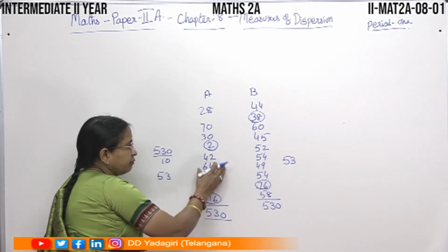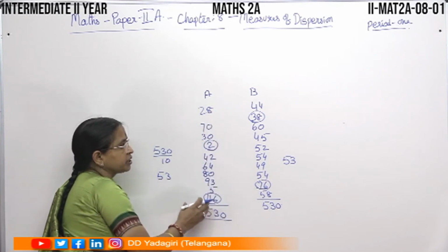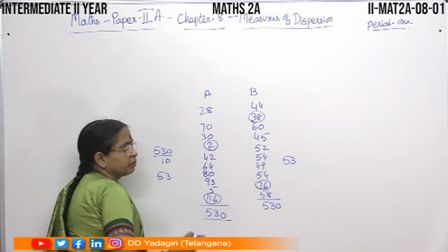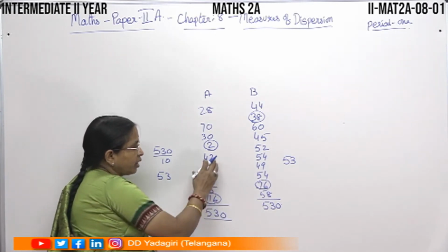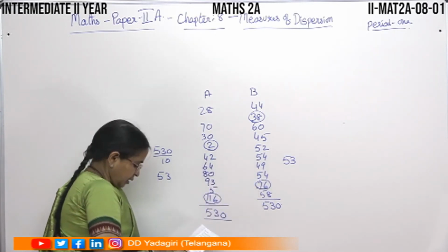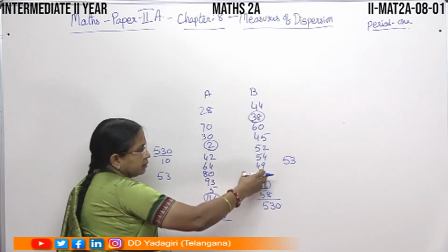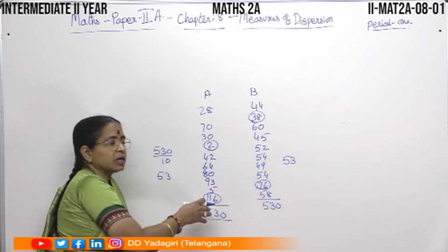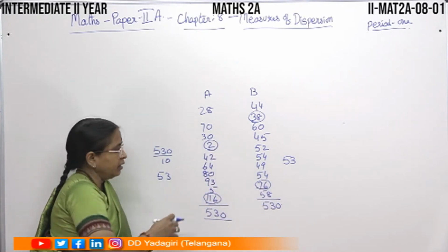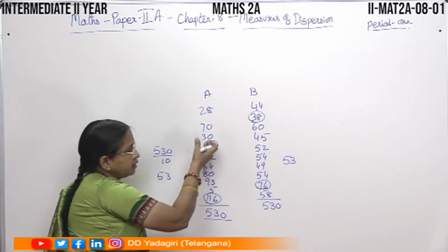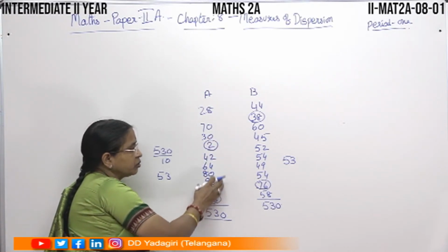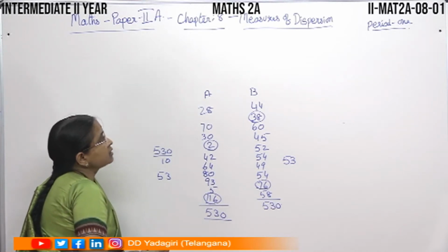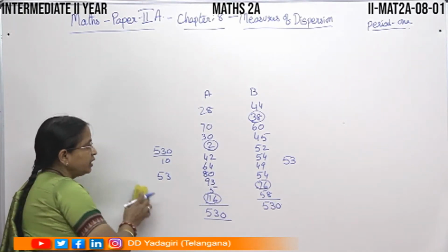So here there is a lot of variation in the runs scored by A than the runs scored by B. So we can say that player B is more consistent than player A, because A's runs scored are more scattered. So for that reason, we need these measures of dispersion.